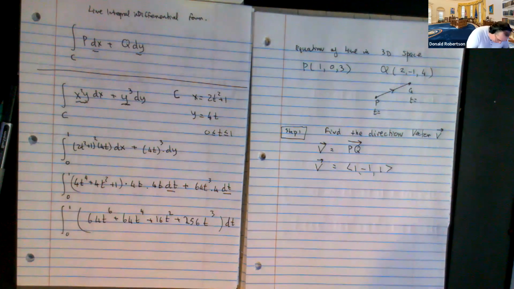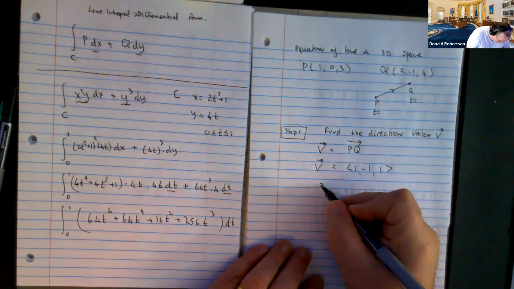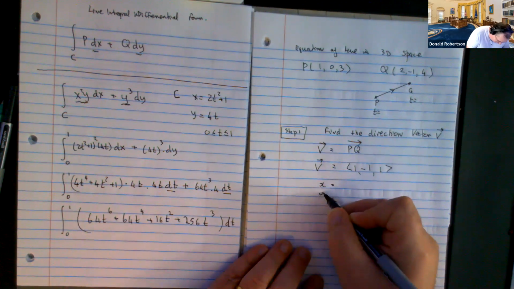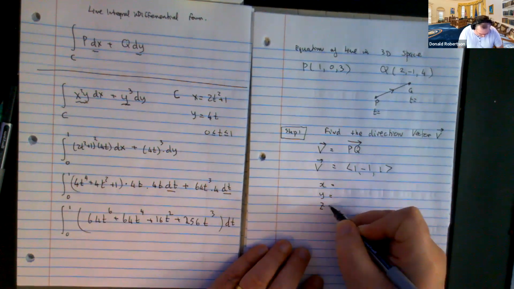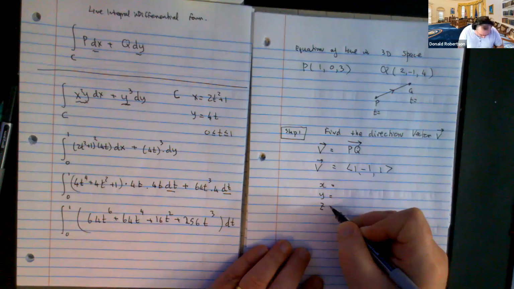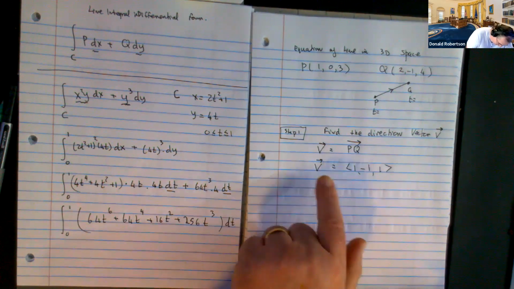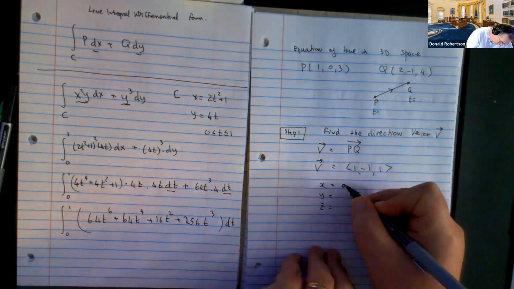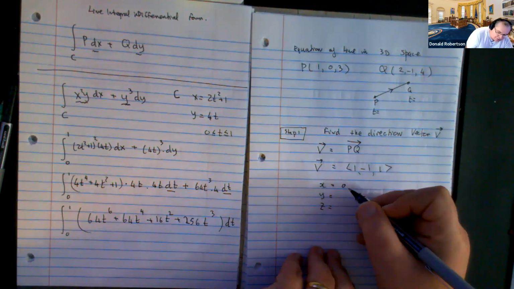Now, the x, the y, and the z components, right? The parametric equation of this line is, okay, I might try to remember what we called it.